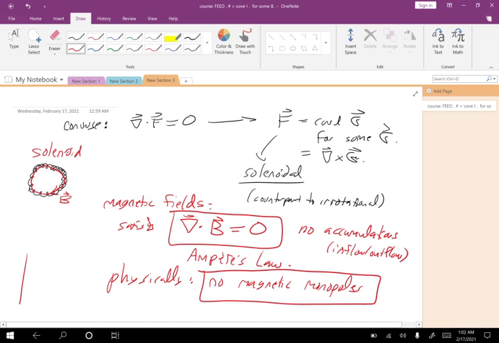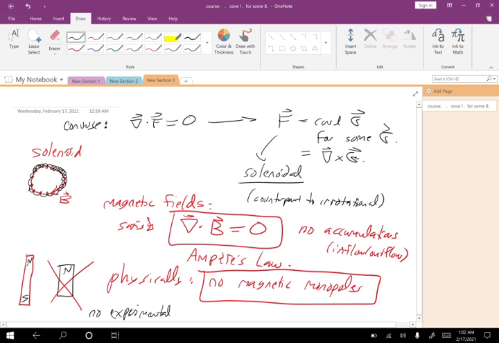So in other words, you can have a north and a south for a magnet, but there is no such magnet with just north. This does not exist in nature. It has not been found experimentally. So Ampere's law actually tells us that magnetic fields have to be solenoidal. There's no accumulation of magnetic charge.